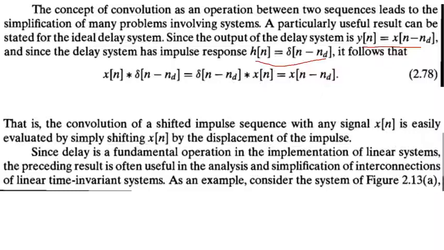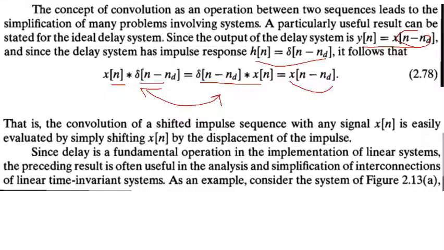If I convolve x of n with this impulse response, this is equivalent to delta of n minus nd. Which property is this? I just told you, this is the commutative property. So if you convolve x of n with delta of n minus nd, you will get x of n minus nd. So the output will be this.